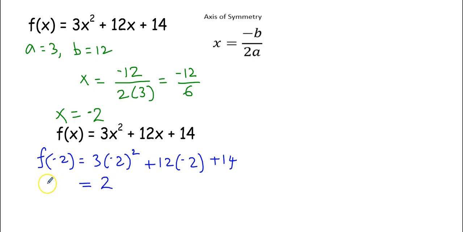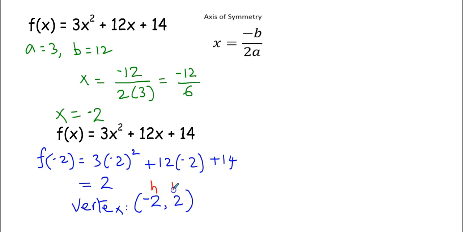So f of negative 2 is equal to 2. For x equal to negative 2, the value of y became positive 2. That is your vertex of the function f of x.